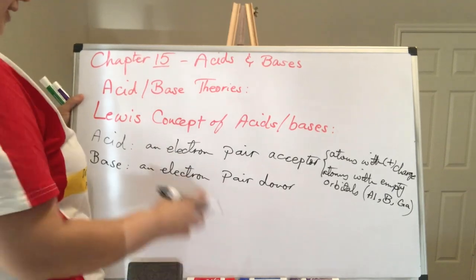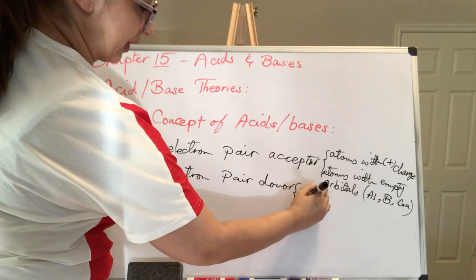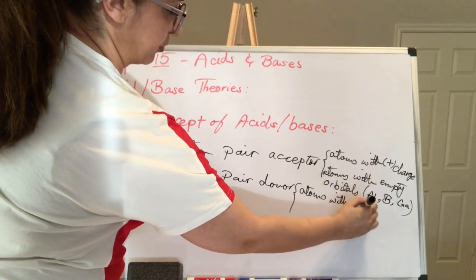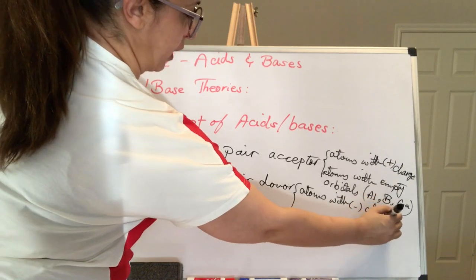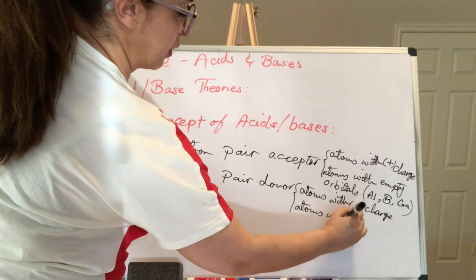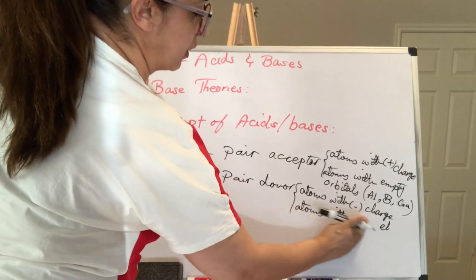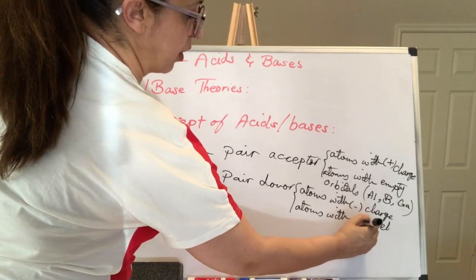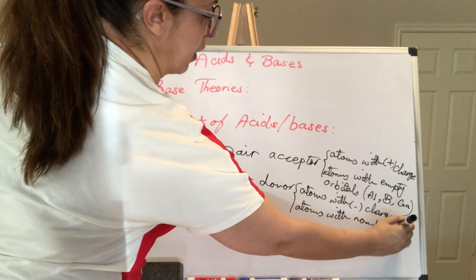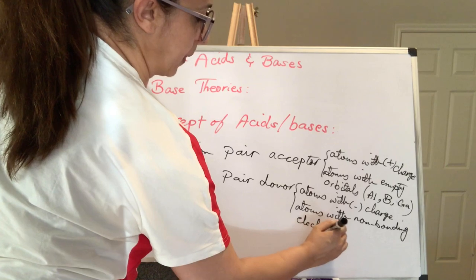What can be a good Lewis base or electron pair donor? Atoms with negative charge, or atoms with lone, or instead of lone, let's say non-bonding electron pair.